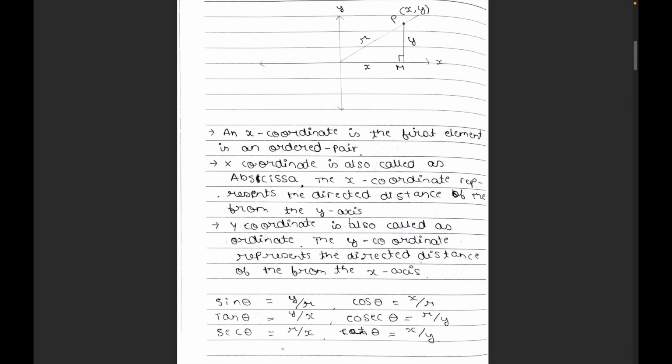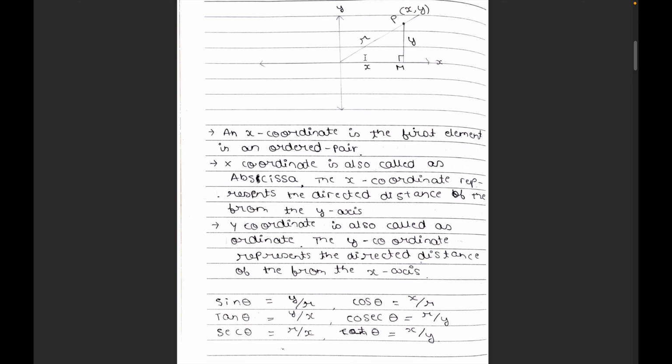And y coordinate is also called ordinate, and the y coordinate represents the directed distance of the point from the x-axis. So sine theta, okay, now let's draw the triangle here.